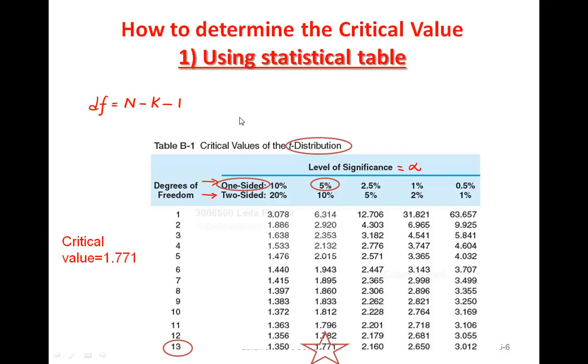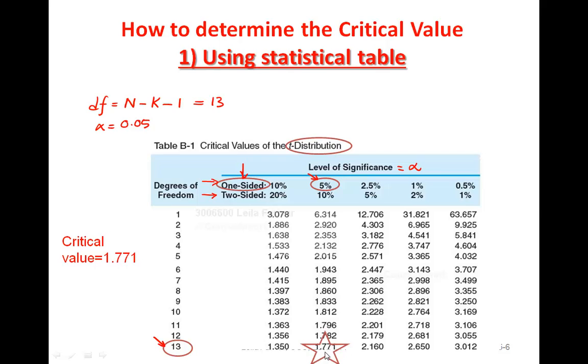So let's imagine that the degree of freedom is equal to 13 and alpha is equal to 5%. And for the three tests that we wrote there, we are going to find the critical value. So the first test that we had was a right tail test. That's a one-sided test at alpha of 5%, and the degree of freedom equal to 13.